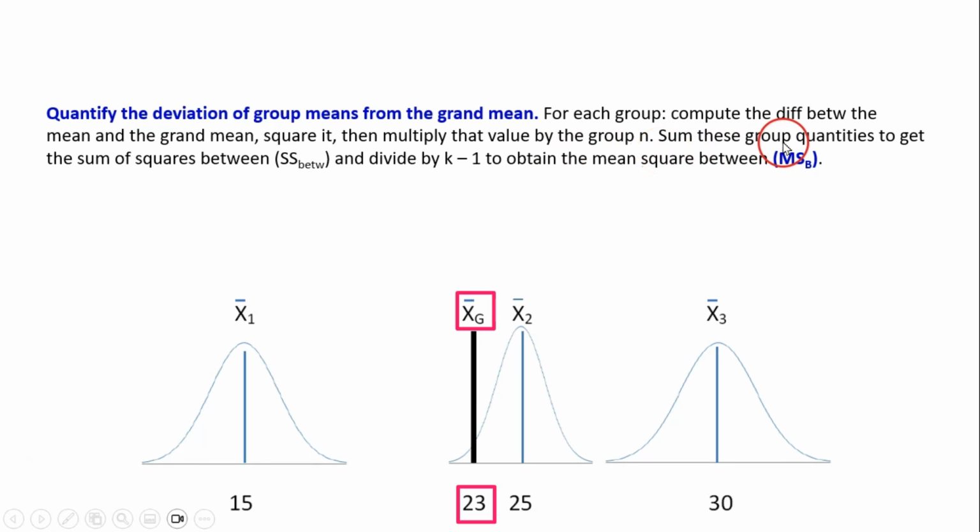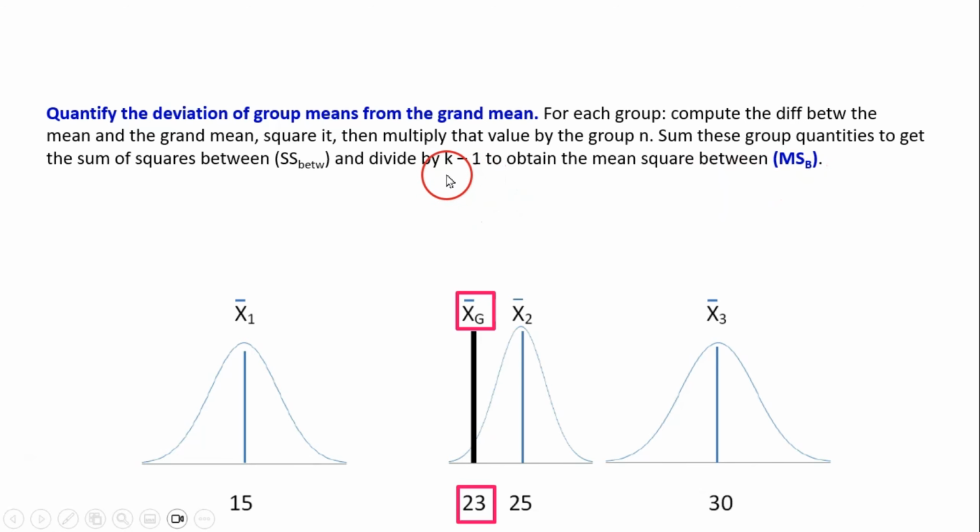Next, you sum these group quantities to get what's called the sum of squares, which means the sum of squared deviations. So this is the sum of squares between, meaning between the means, or between the groups, abbreviated as SS between. Then divide that value by k minus 1 to obtain the mean square between, or MSB.